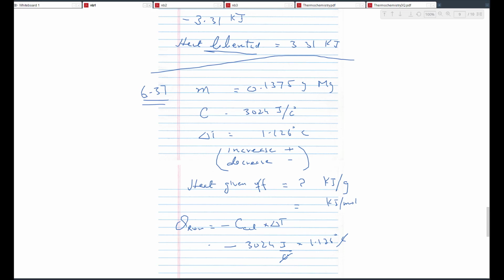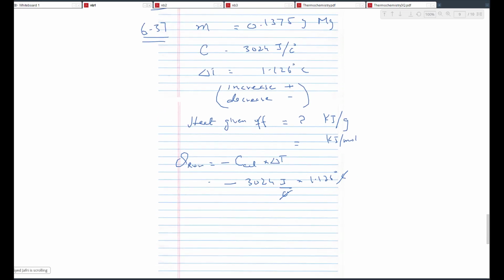Okay, they are asking per gram. No problem. Now do the calculation. What do you get? Negative 3024 times 1.126. I'm getting negative 3405.024, so negative 3405.02. And the unit is going to be joules, right? Right.